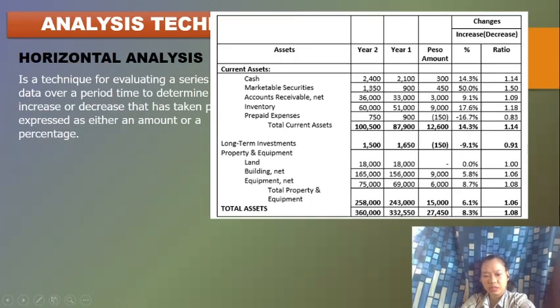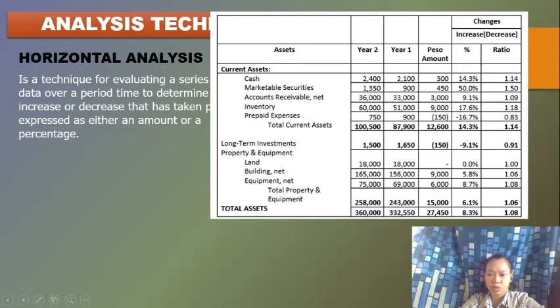To get the total assets, you just add the total current assets, long-term investments, and total property and equipment. So when you add 100,500, 1,500, and 258,000, it is equal to 360,000.